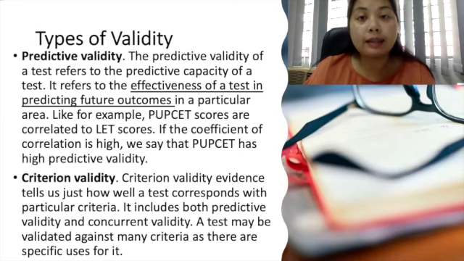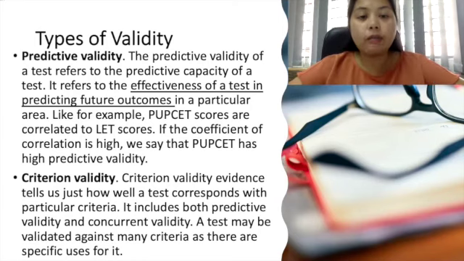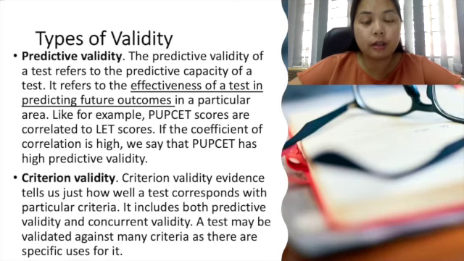If the coefficient of correlation is high, we say that PUPSET has a predictive validity. Next is criterion validity. Criterion validity evidence tells us just how well a test corresponds with particular criteria. It includes both predictive validity and concurrent validity. A test may be validated against many criteria as there are specific uses for it.